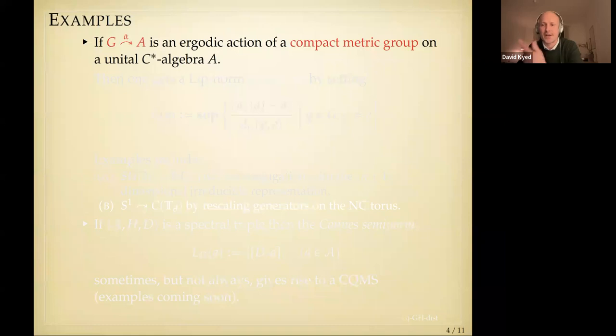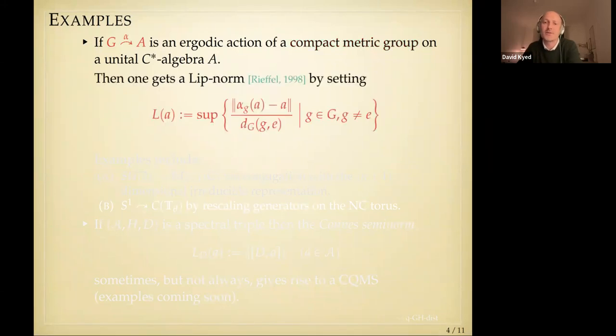Then out of this dynamical structure, you can define one of these Lip norms. And this goes back to one of Rieffel's foundational papers from the 90s. You just take all these difference quotients, so to say, of your action of the compact group and take the sup of what you get. And this defines a compact quantum metric structure on the C-star algebra A, which is then sort of induced from the action of the group G.